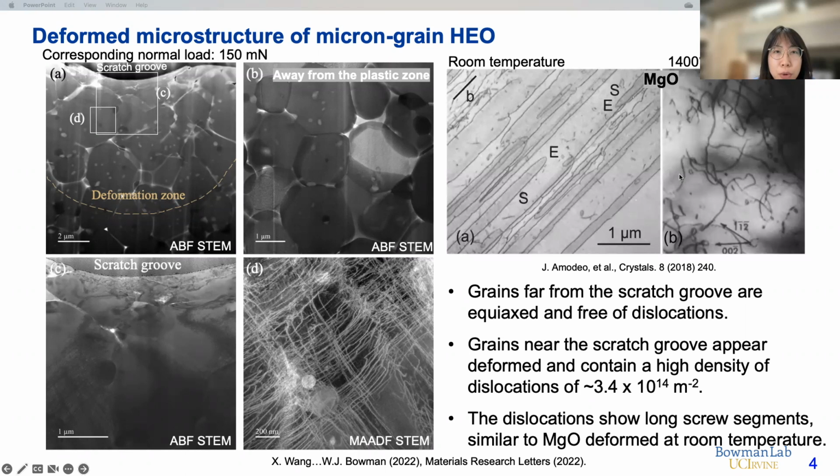If we take a look at the dislocation microstructure for magnesia, for example, when deformed at room temperature and high temperatures, respectively, we will see that the dislocation morphology for HEO when deformed at room temperature is very similar to the dislocations in room temperature deformed MgO. So there are some similarities between the rock salt HEO and the rock salt MgO, the conventional counterpart.